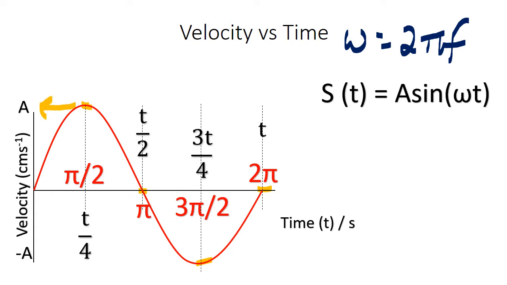So right here where I have a maximum amplitude at T/4 for displacement versus time, that maximum amplitude will occur right here for velocity versus time, right at zero. When I have zero displacement at T/2 for displacement versus time, for the velocity versus time graph that point is going to be shifted. It will occur right here.